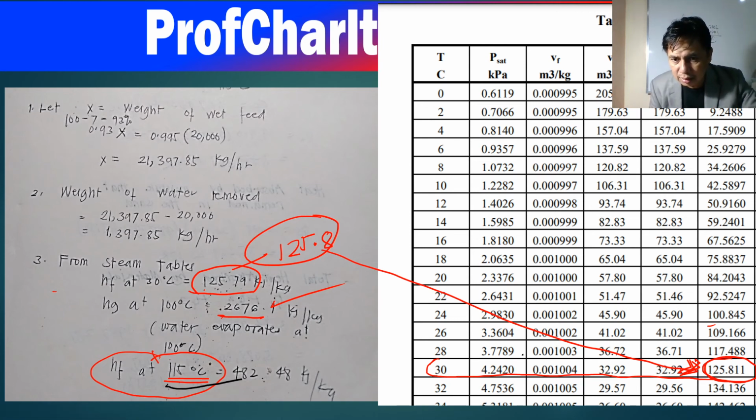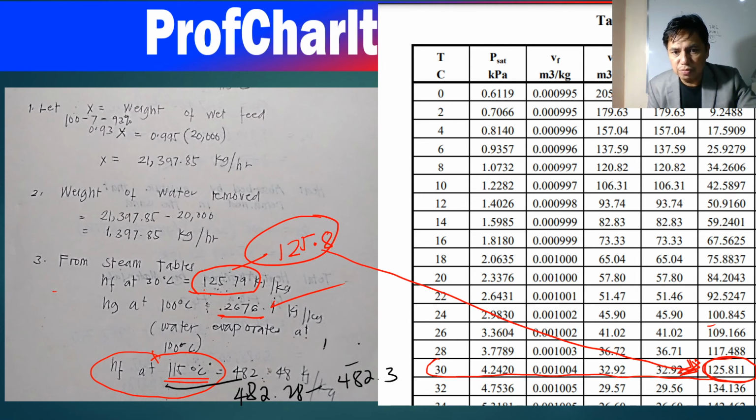So we get 482.28. Now it doesn't matter. If you round this off, 482.3, and this one also 482.4, or 482.5.